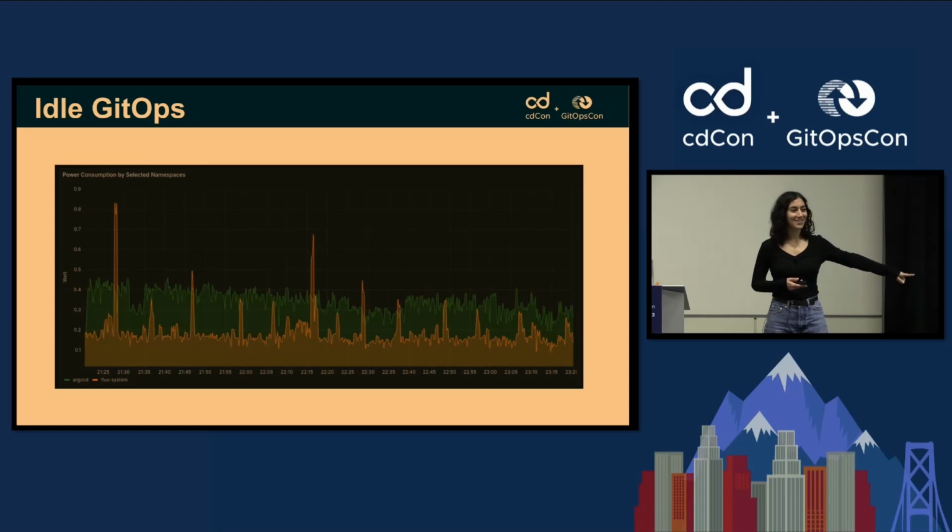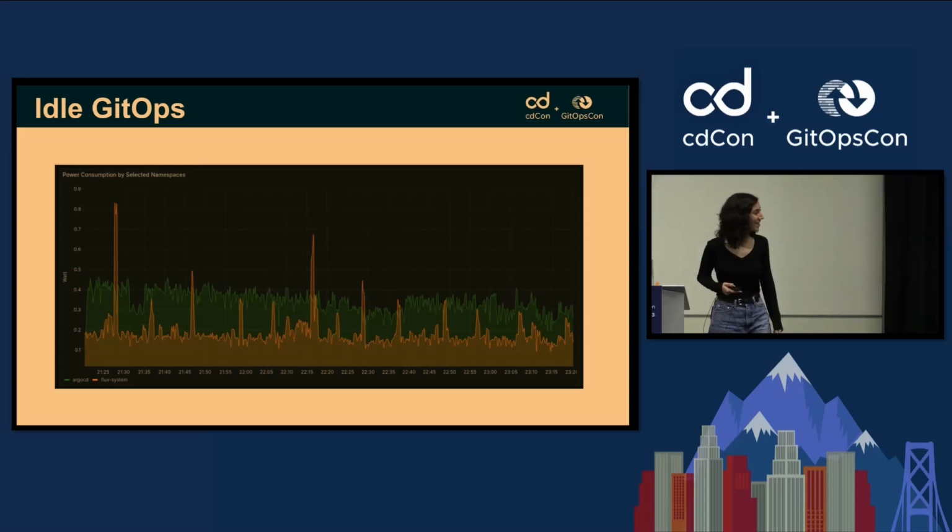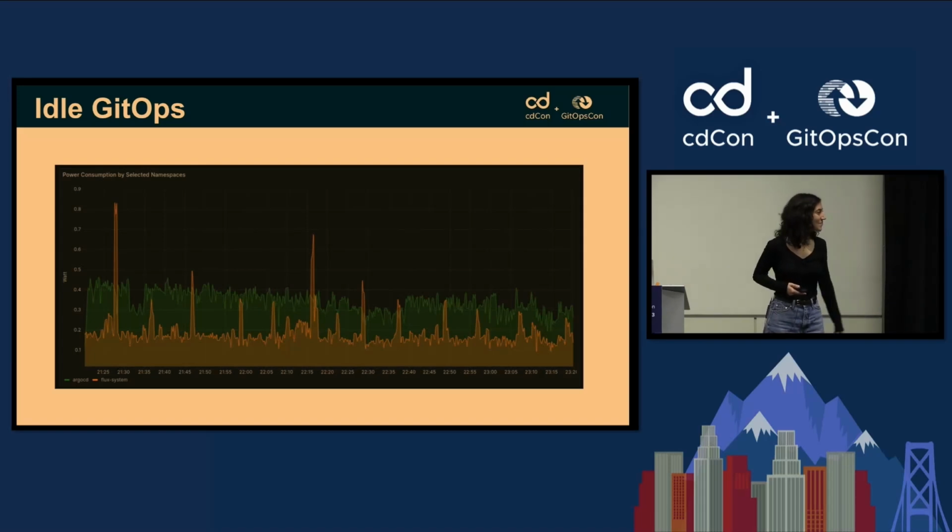Any guesses as to what that may be caused by? Kustomize controller. Yeah, very close. So you see those spikes, and there's already a different pattern we can see.